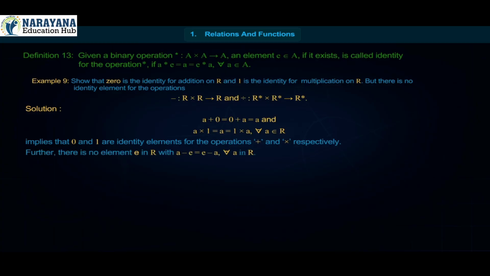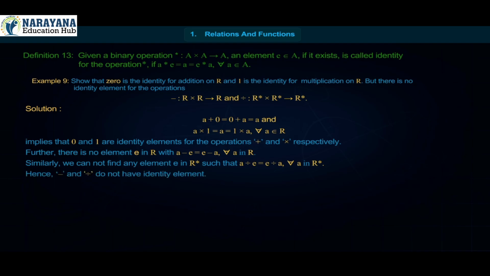Further, there is no element e in R with a − e = e − a for all a in R. Similarly, we cannot find any element e in R* such that a ÷ e = e ÷ a for all a in R*. Hence, subtraction and division do not have an identity element.